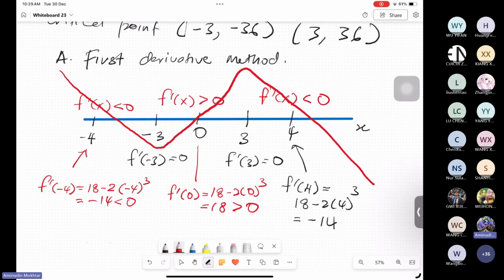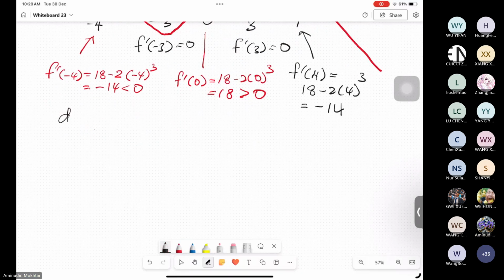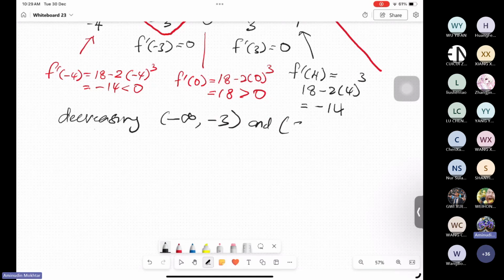Okay, since we can conclude here the function is decreasing between negative infinity and negative 3, and also between 3 and positive infinity. And then the function is increasing between negative 3 and positive 3.